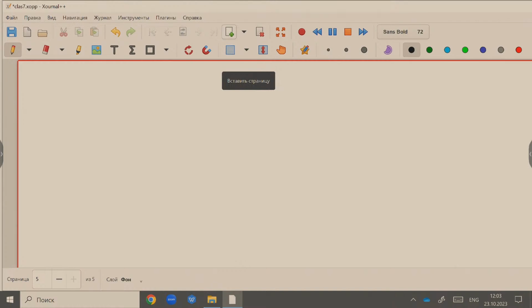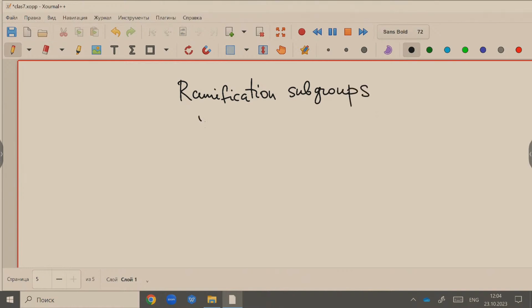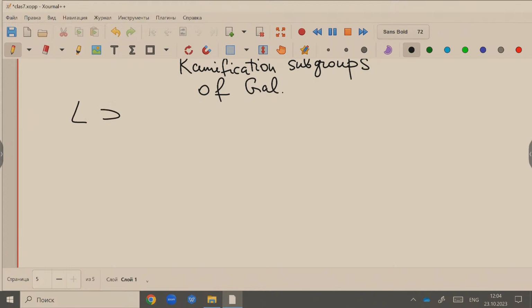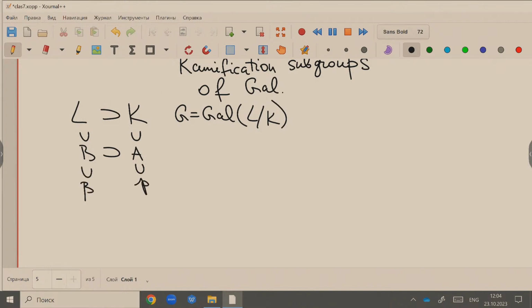And now I want to discuss ramification subgroups of Galois groups. We now assume that our extension is a Galois extension, and G is the Galois group of L over K. Here you had the ideal P, and here you had the ideal beta lying over it.